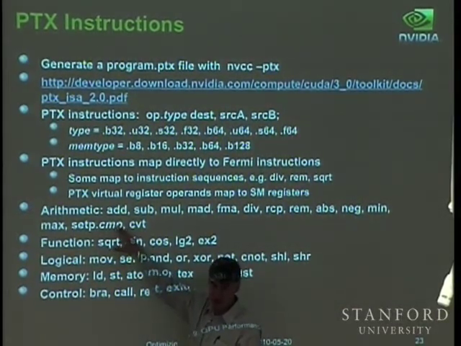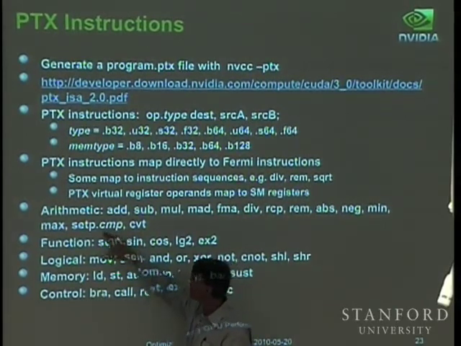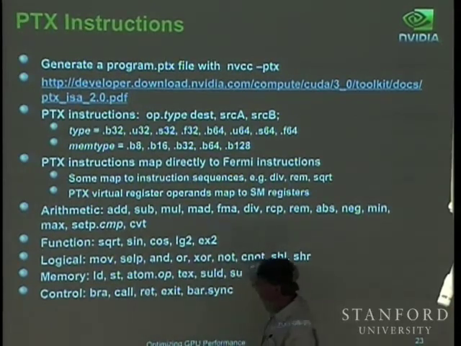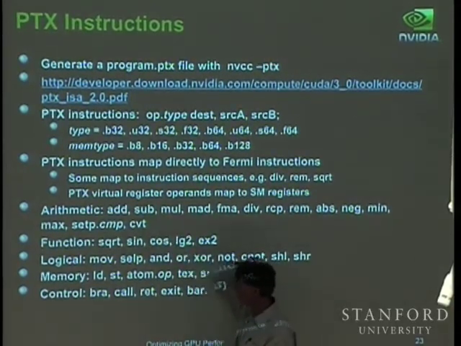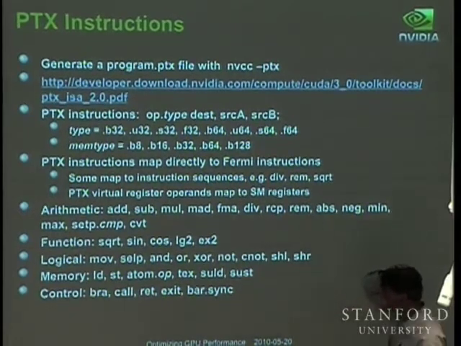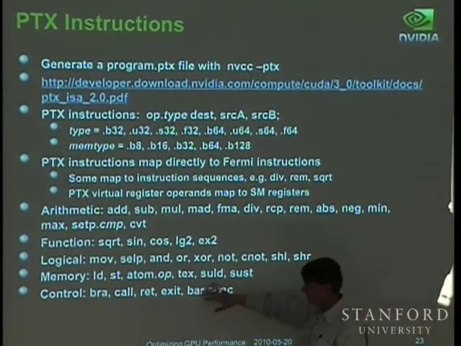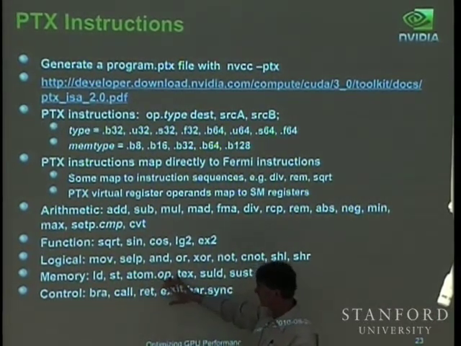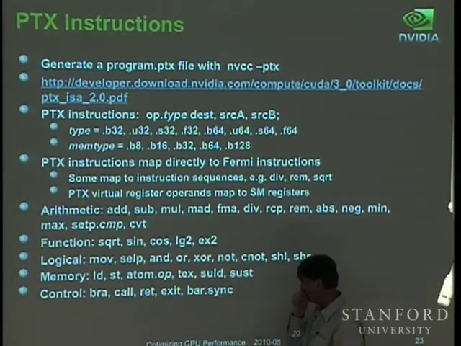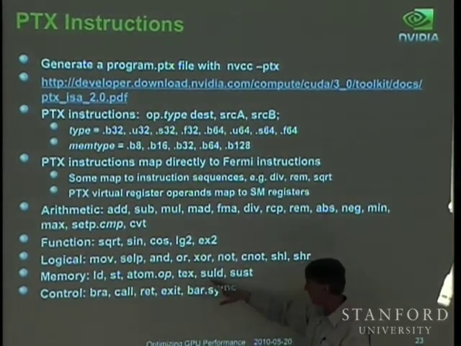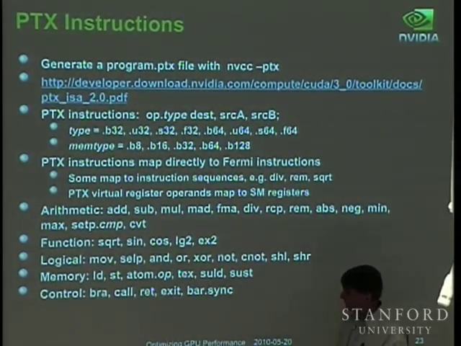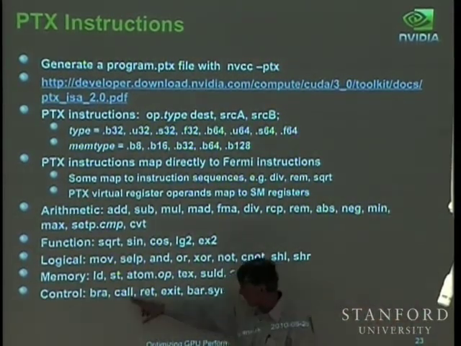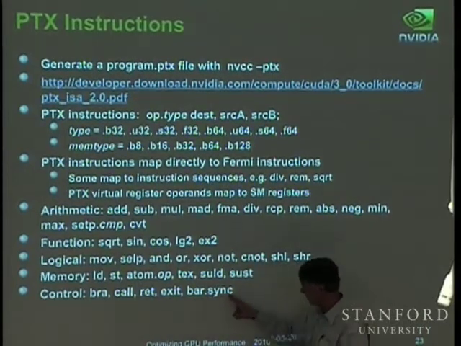A comparison might be equal or less than or greater than, and if it's true, it'll set a predicate register true or false. Convert will convert between different data types. Memory instructions are load, store, atomic op with some operation like add, texture fetch, a surface load or a surface store, and of course branch, subroutine call, return, exit, and bar.sync for barrier synchronization.